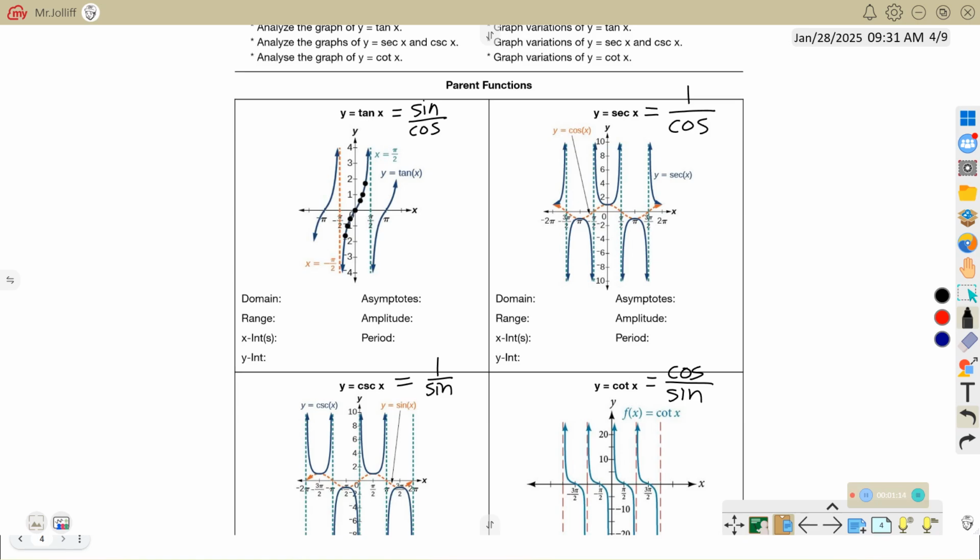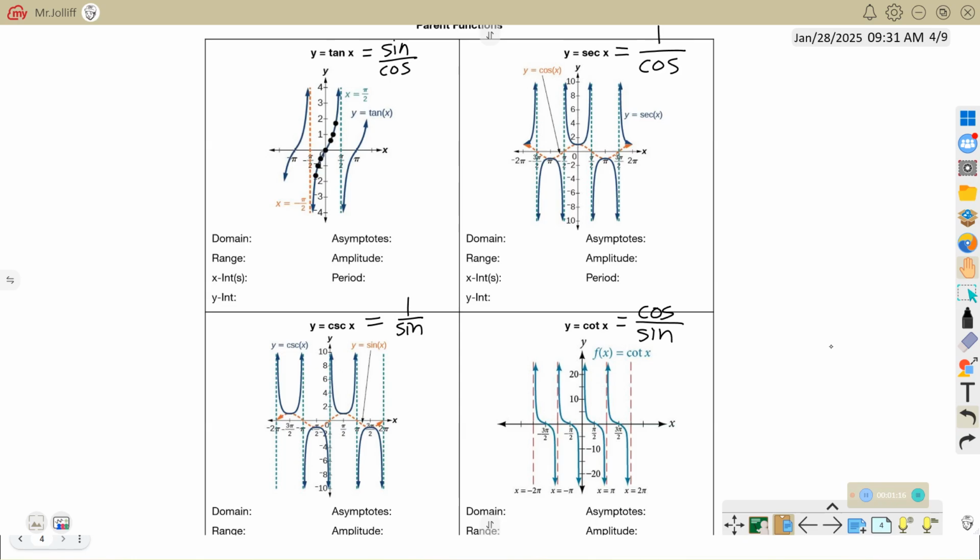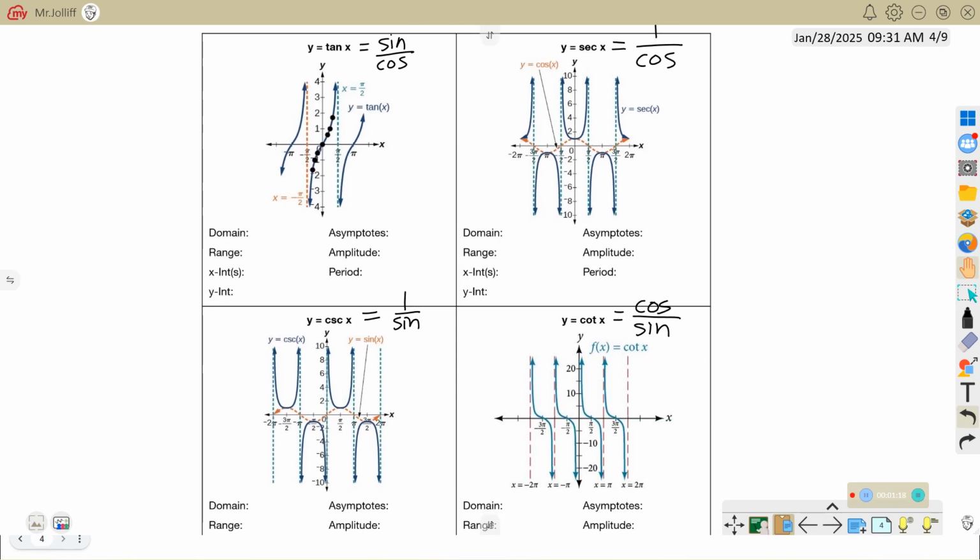And I'm going to scoot this up just a little bit. Looking at those shapes, I see a similarity between tangent and cotangent. Those look like they're very strongly related because they're a ratio of two functions.